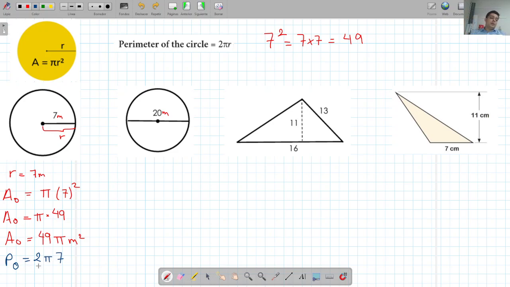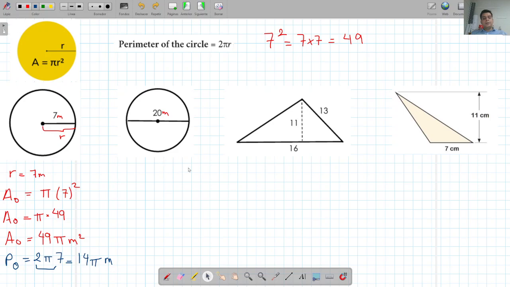So here we are going to multiply 2 times 7, and we are going to have 14 pi. Now remember, we are talking about perimeter, so it's the measurement around the circle. Therefore, our result must be in meters, not meters squared.